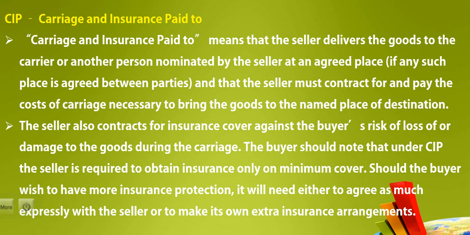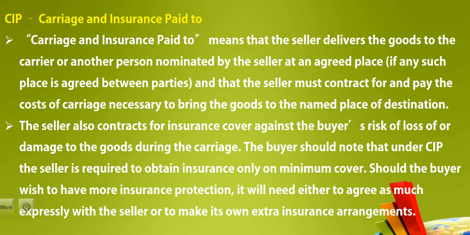This means that should the buyer wish to have more insurance protection, he will need either to agree as much expressly with the seller or to make his own extra insurance agreement if he wants a higher grade of insurance to protect the product.